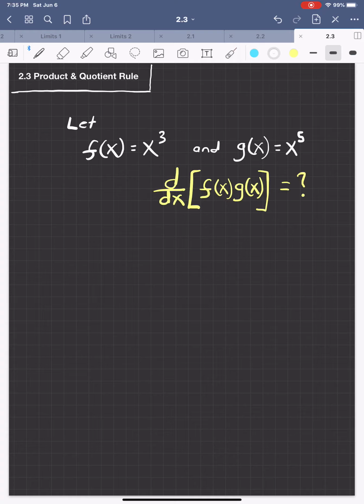So let's assume that we have two students and they both take a different path here. So let me go ahead and I'm going to rewrite this. So we have the derivative, and I'm going to plug in x cubed for f and plug in x to the power of 5 for g.